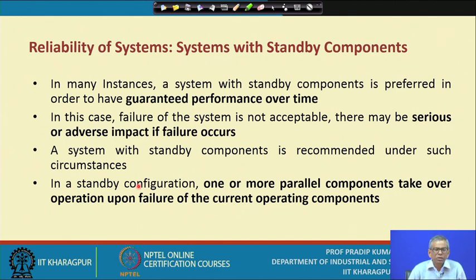So, you have to think of changing the configuration of the system in such a way that even if the main power line fails, then alternative power lines must be made available immediately, as quickly as possible.